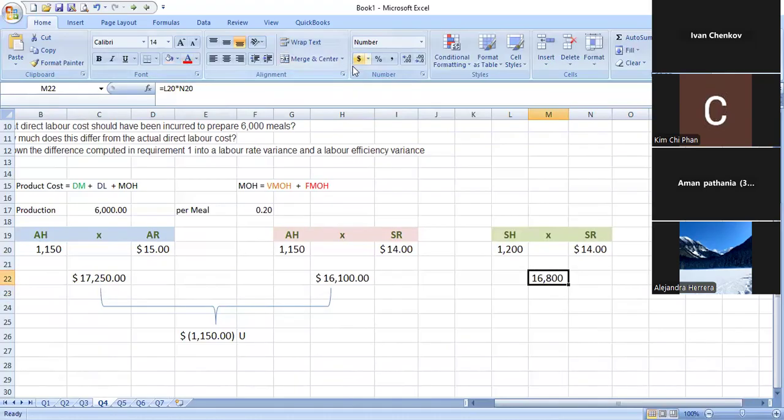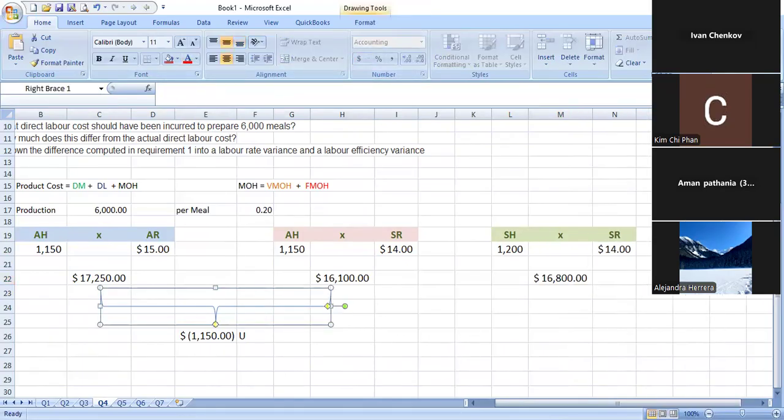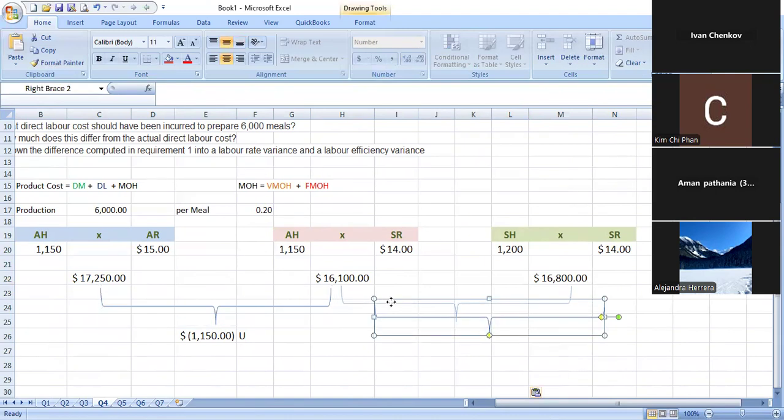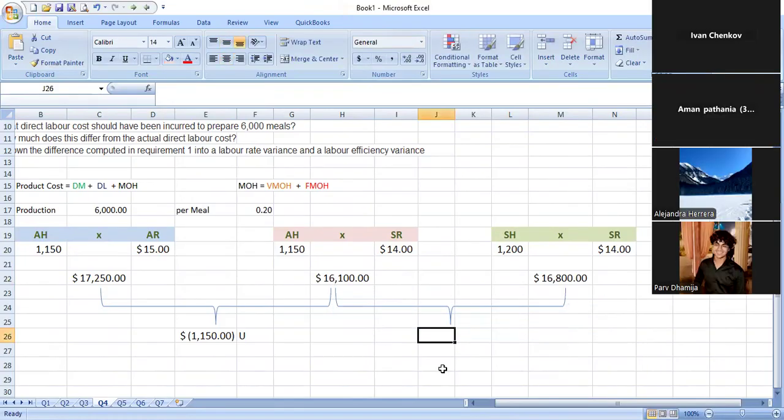We're supposed to spend $16,800. But producing those meals, how much did we spend? 16,100.